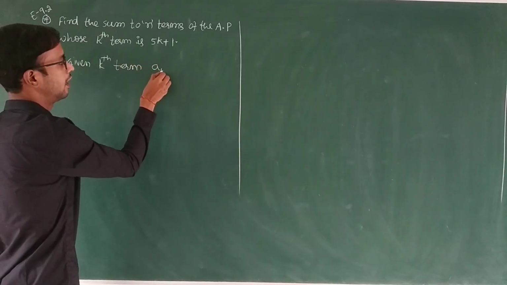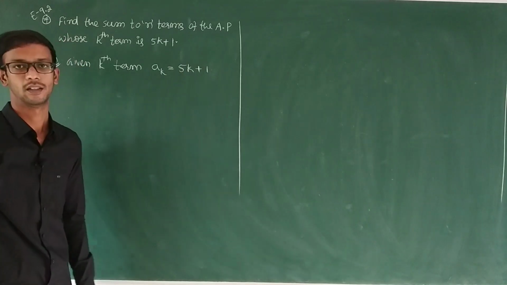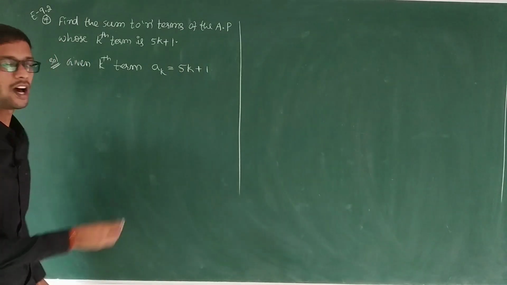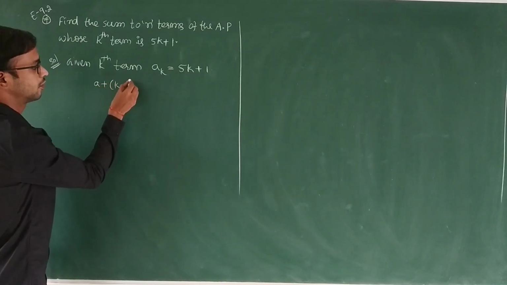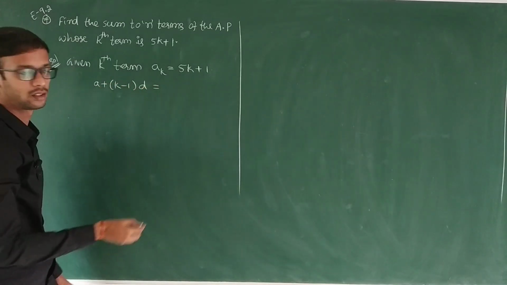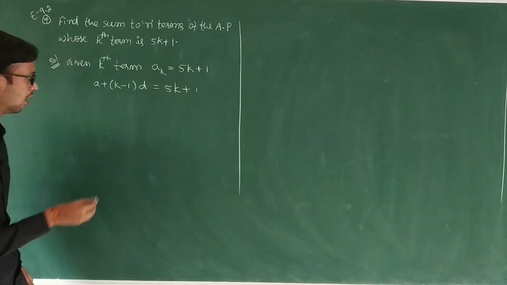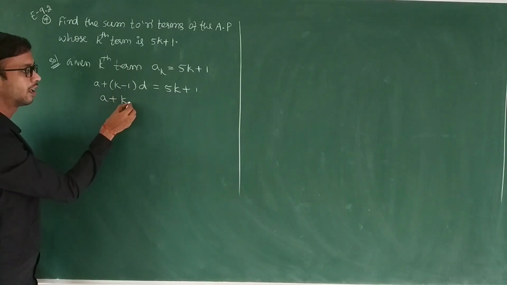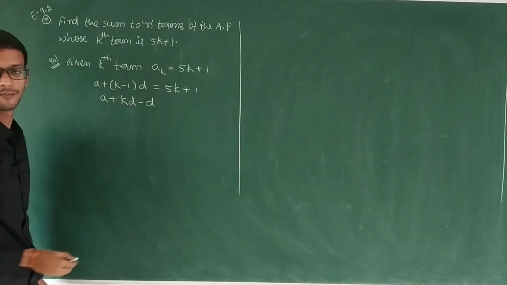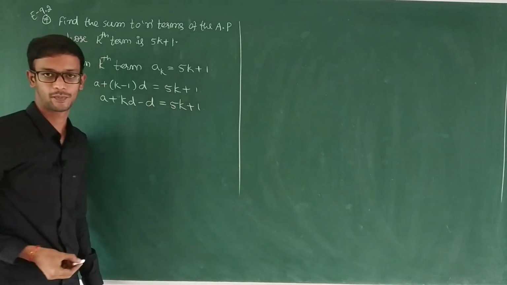a_k is 5k plus 1. What is the a_k formula? a plus (k minus 1) into d equals 5k plus 1. So a plus, multiplying inside, kd minus d is equal to 5k plus 1.